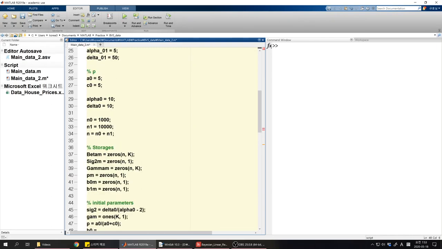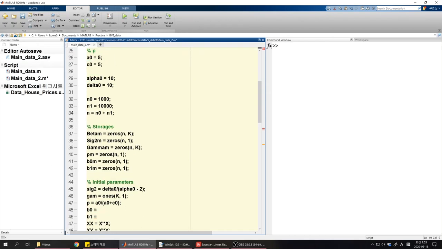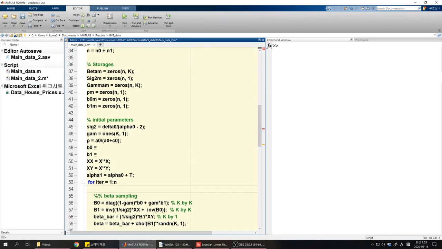B0 and B1 can also be initialized at their prior mean, delta 0,0 divided by alpha 0,0, or alpha 0,0 minus 2, it doesn't matter either.